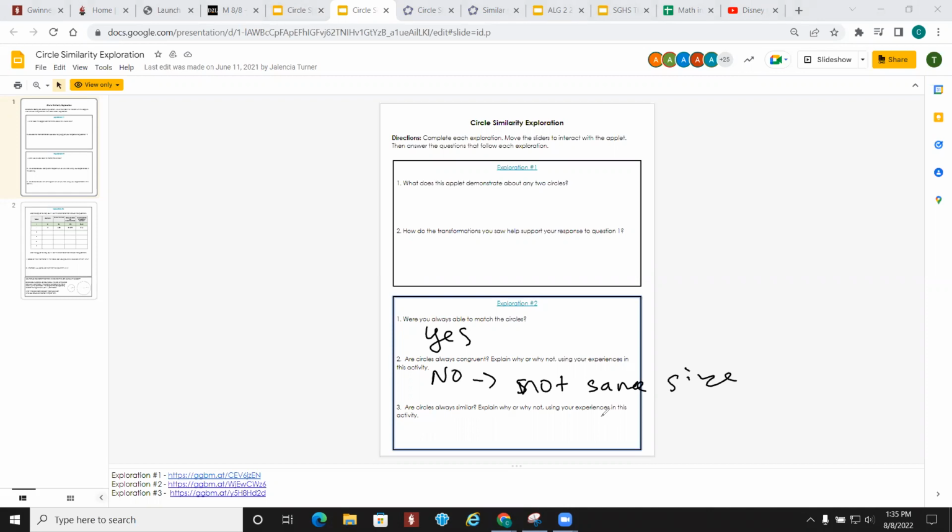Are they always similar? Yes. How do you know? Because a circle is always the same shape, and you can manipulate the size with dilation to make it lay on top of one another.